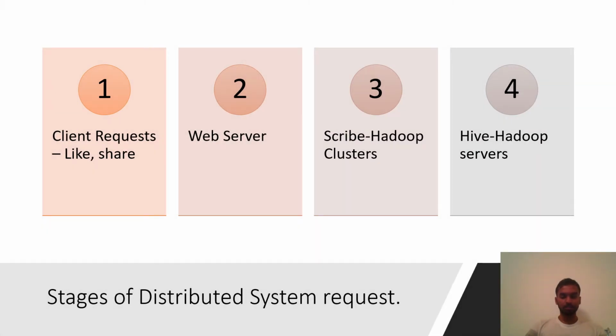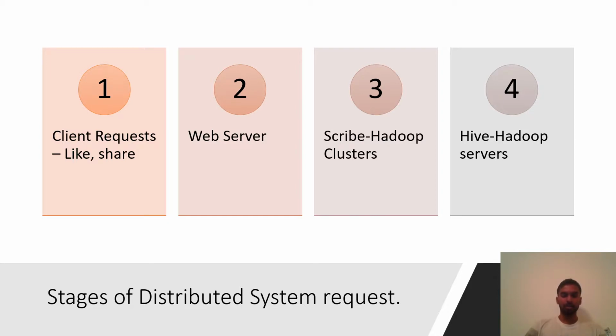Now the stages of a distributed system request. First, any like, share, comment or post you do is a request, and the created request is sent to a web server. The web server divides the data into small blocks, and the task manager at the web server distributes the blocks and stores them at different locations.